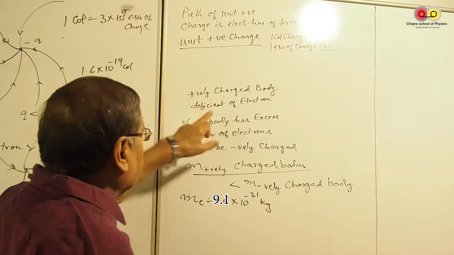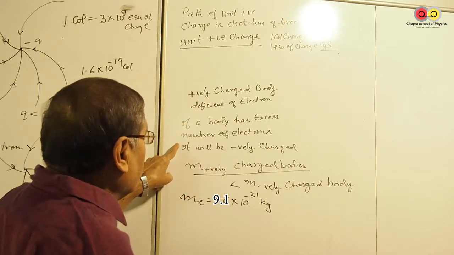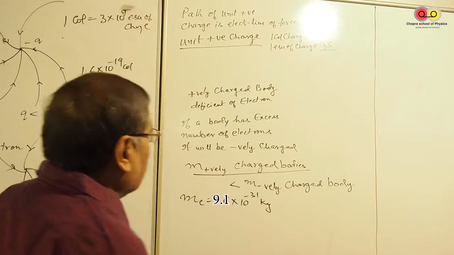Positively charged bodies are deficient of electrons, negatively charged bodies have an excess number of electrons.